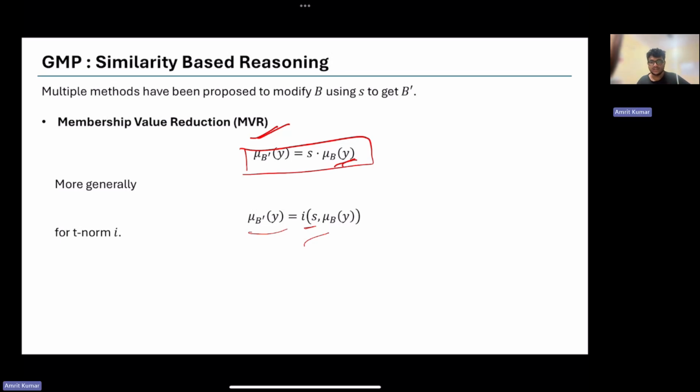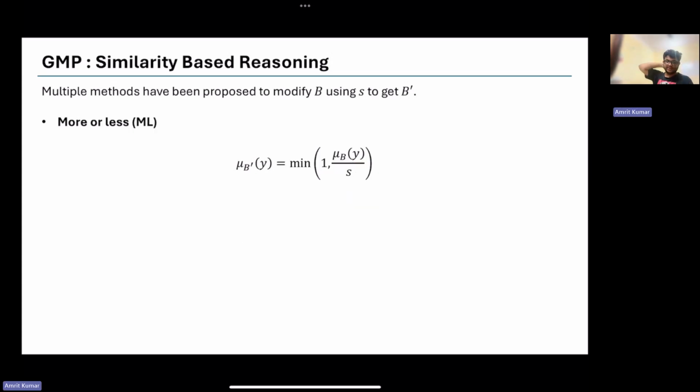And if it is specifically specified that we are using MVR based on the product T norm, or based on the drastic T norm or the Lukasiewicz bounded sum T norm, then in that case we use this formula. But MVR by default refers to obtaining B dash by multiplying the membership function of B with S. Okay, so this is the first way of obtaining the output fuzzy set B dash in similarity based reasoning.